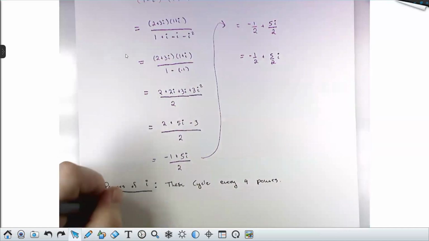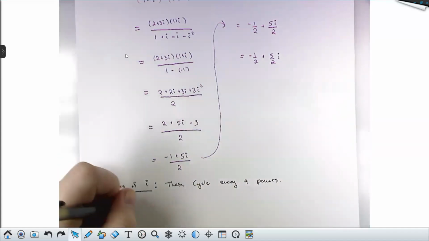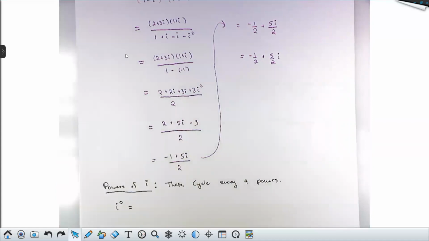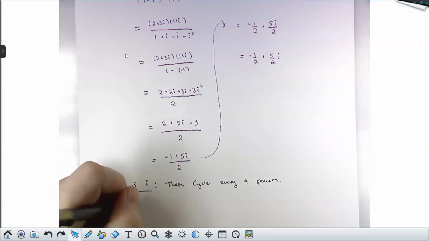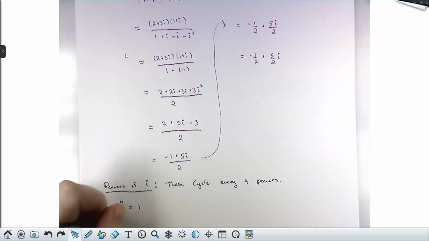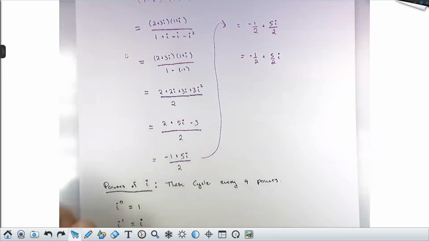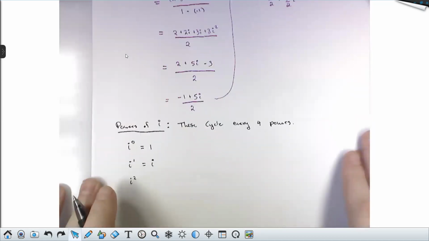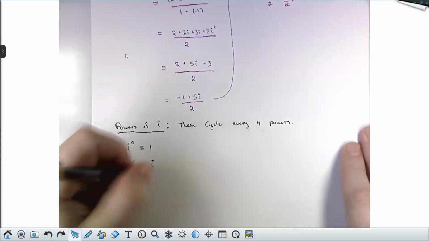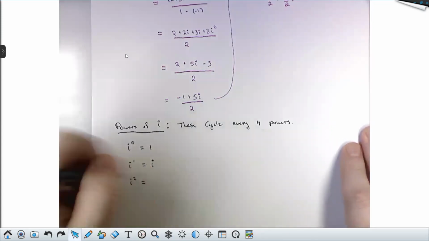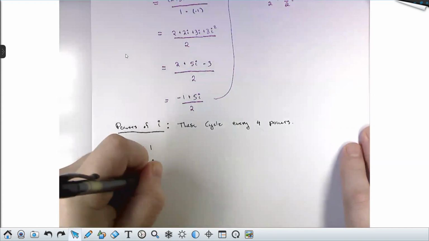So what I mean by that is like i to the 0, anything to the 0 is 1. i to the 1, anything raised to the first power is itself. i squared, well, i squared is by definition -1, right? i is the square root of -1.